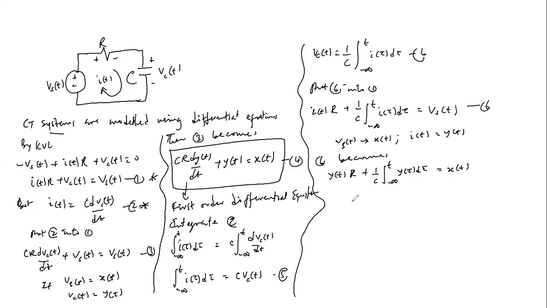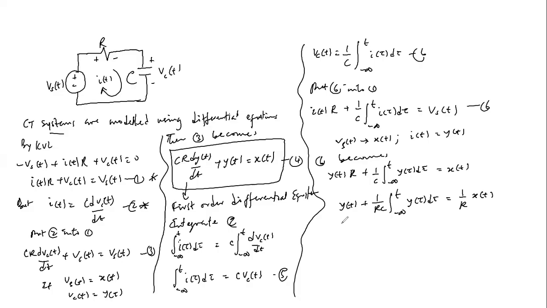So in this case, y of t, if we divide through by r, 1 over rc, integral negative infinity to t, y of tau d tau is the same as 1 over R S of t.